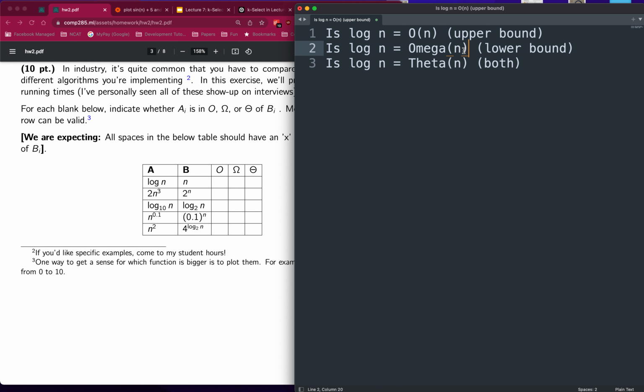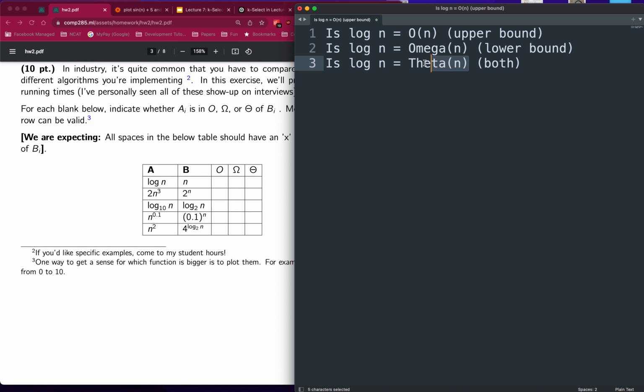So something that you'll probably notice is that if you're big O and you're big omega, then you must be big theta. Sorry, my earlier statement was incorrect. You must be both. So if a row is both big O and big omega, actually all of the columns are filled.